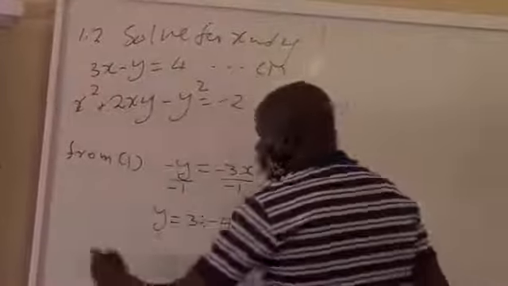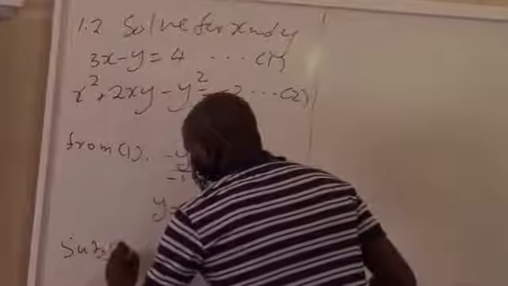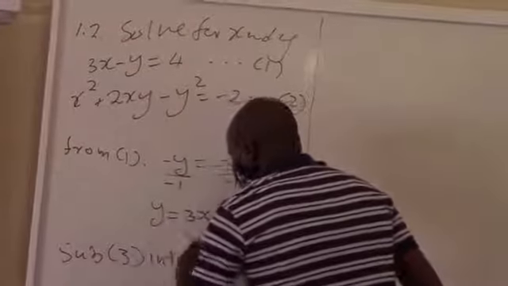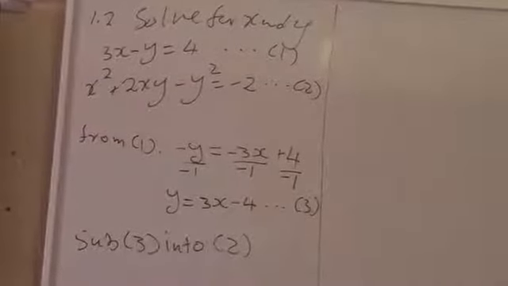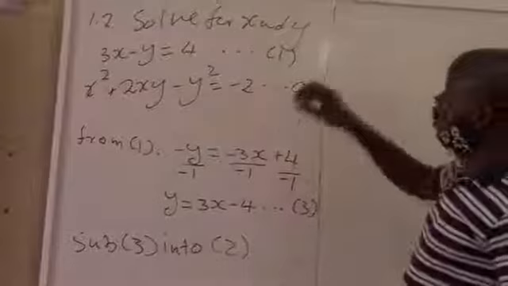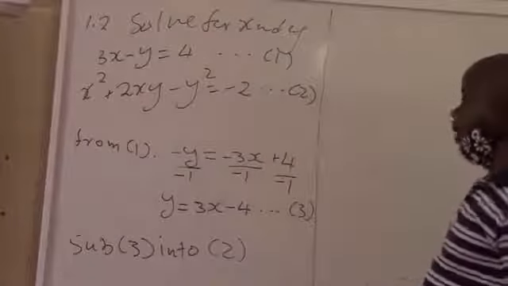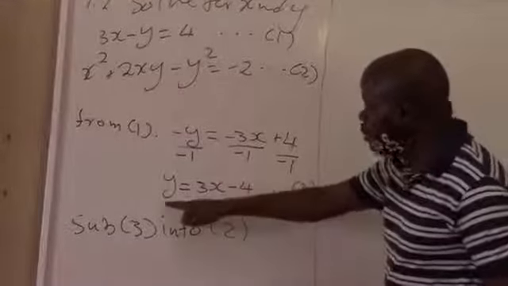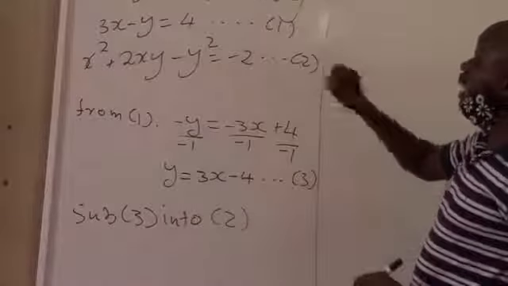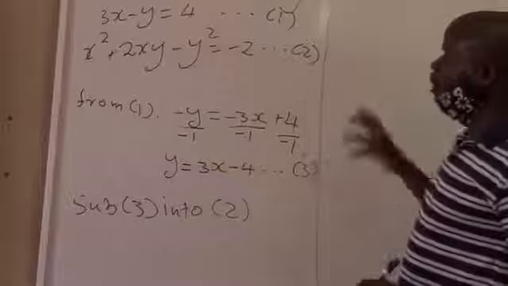So we substitute equation 3 into equation 2. Wherever there is y, we no longer write y, but we write 3x minus 4, because 3x minus 4 is equal to y. We are eliminating y so that we remain with x's.